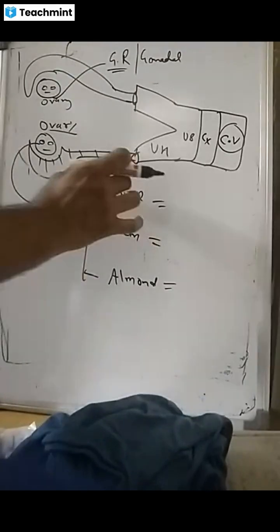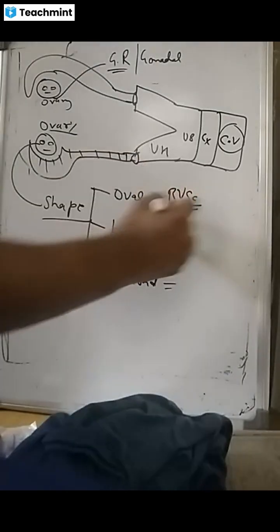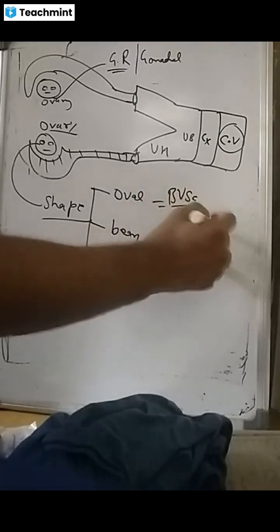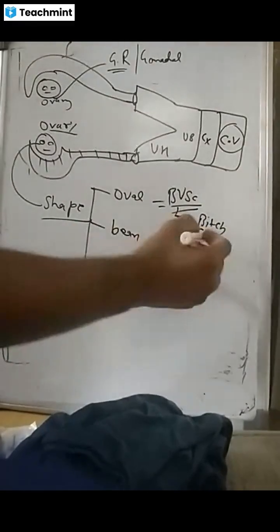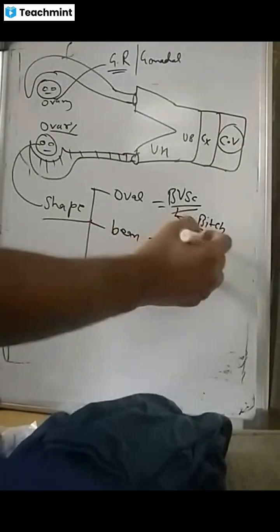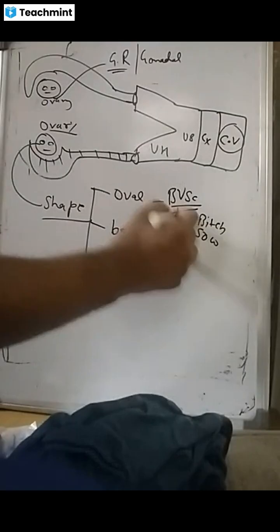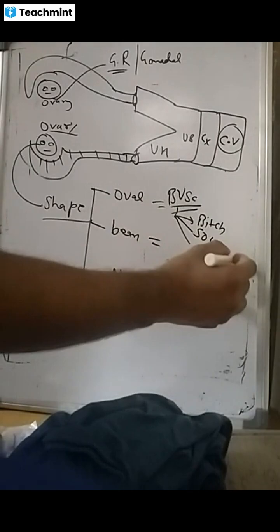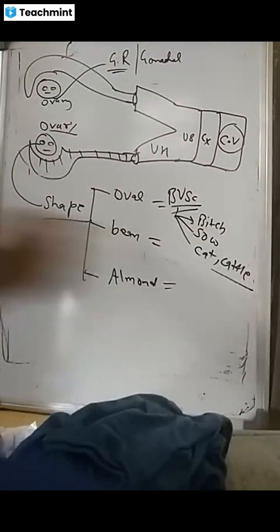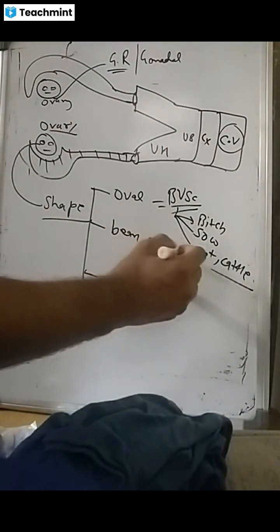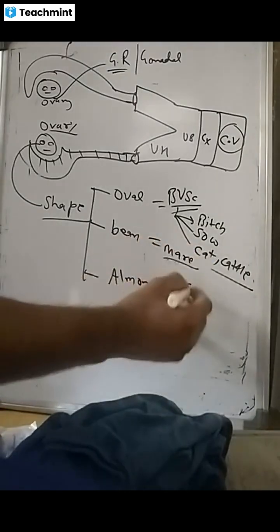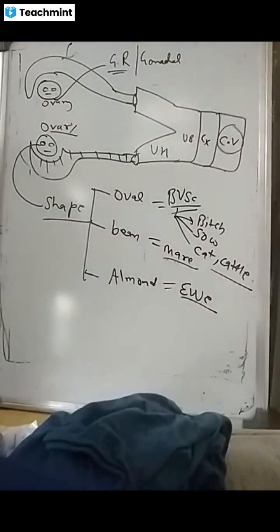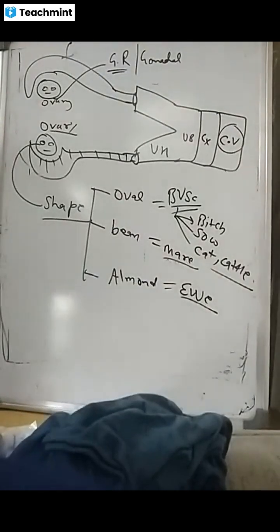This oval shape is present in bitch, sow, and cat. In cattle, bean or kidney shape is present. Almond shape is present in ewe, that is your sheep. These are the shapes.